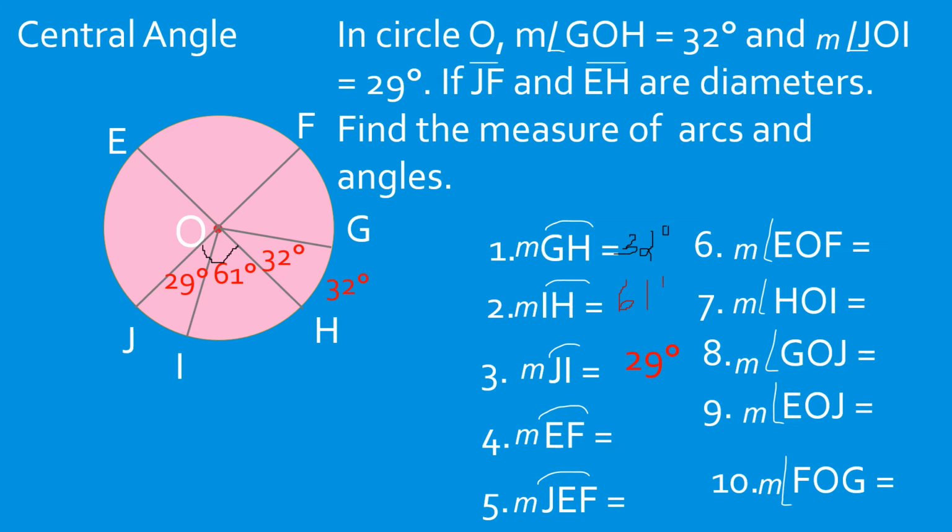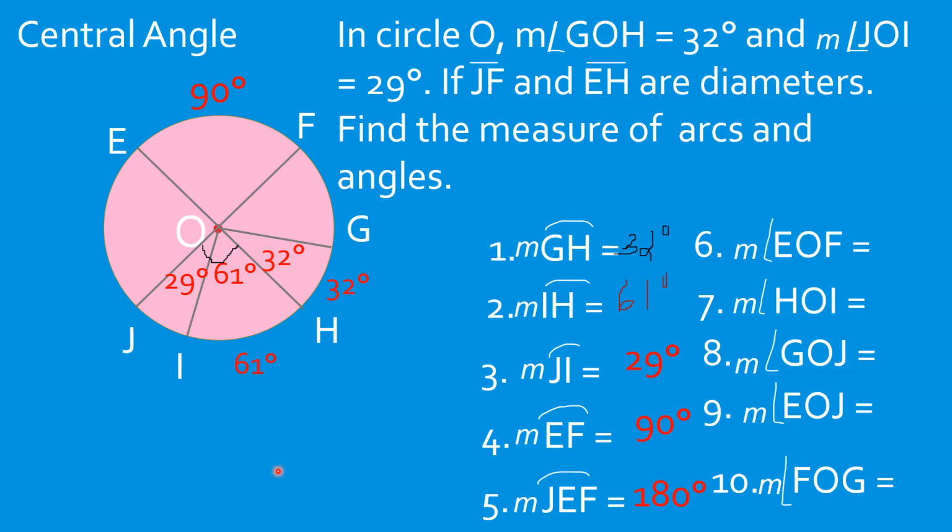Next, we are going to find the measure of arc EF. Arc EF is here, so that is equal to 90 degrees. Then the measure of arc JEF is half of the circle, and that is equal to 180 degrees.